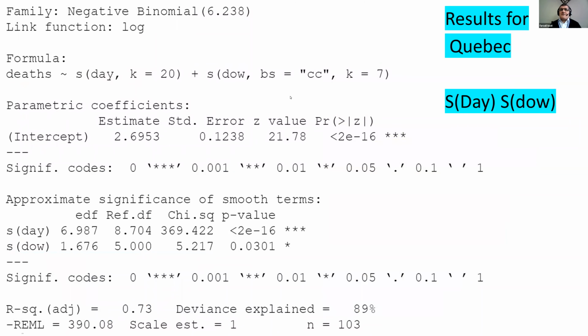Now we have the same for Quebec, with S day and day of week. The intercept is highly significant, day is highly significant, and day of week is significant at the 0.05 level, but the R squared is maybe 10% less than in the Canada case.